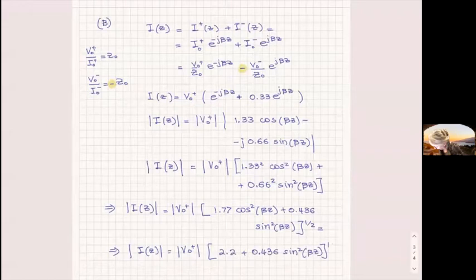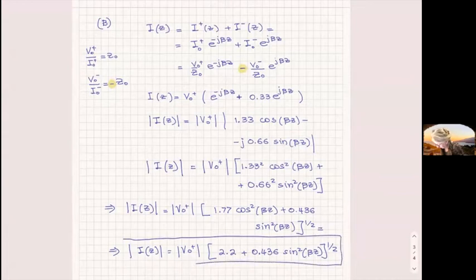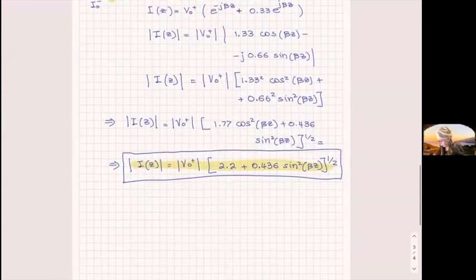And that's to the power of 1/2. So that is the magnitude of the current. And that is called the current standing wave. The current standing wave.